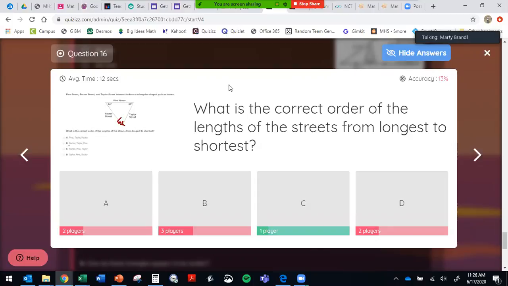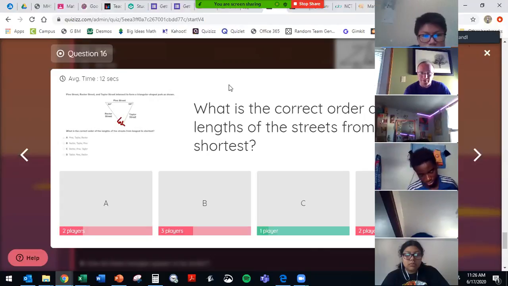Looking at our options, we're down to B and C at this point. Then the next largest angle is 62, which is across from Pine Street right here. So Pine Street is going to be next. At this point, we're down to option C, so it has to be option C. Okay. So that's taking our knowledge about triangles and applying it there. Does anybody have any questions on that one?